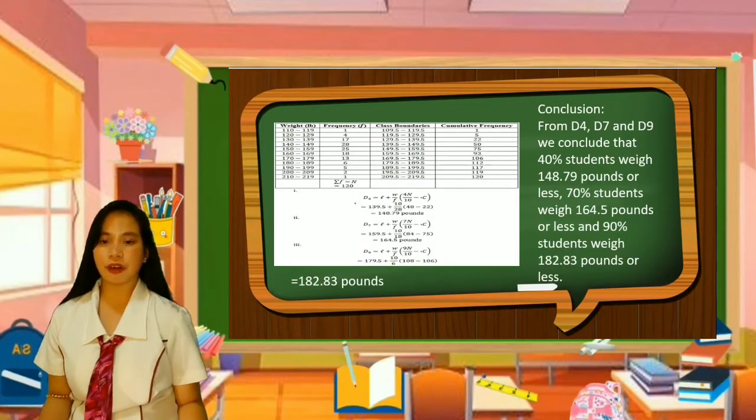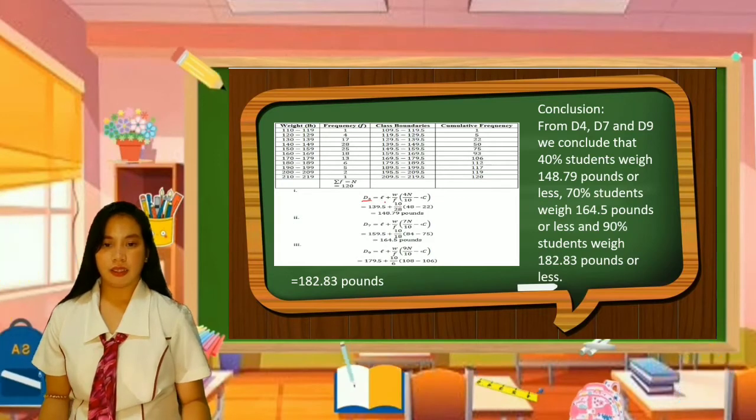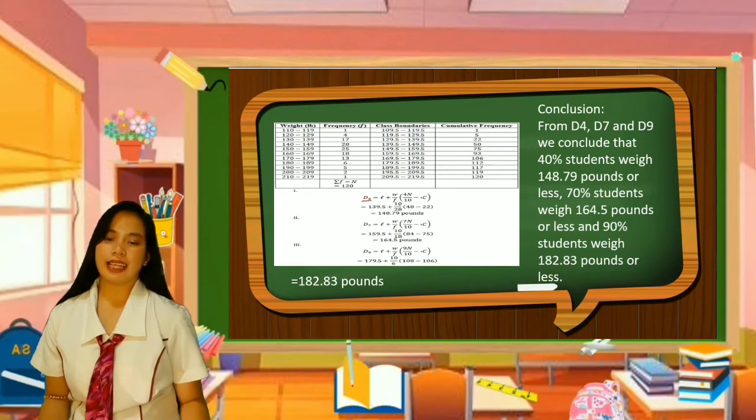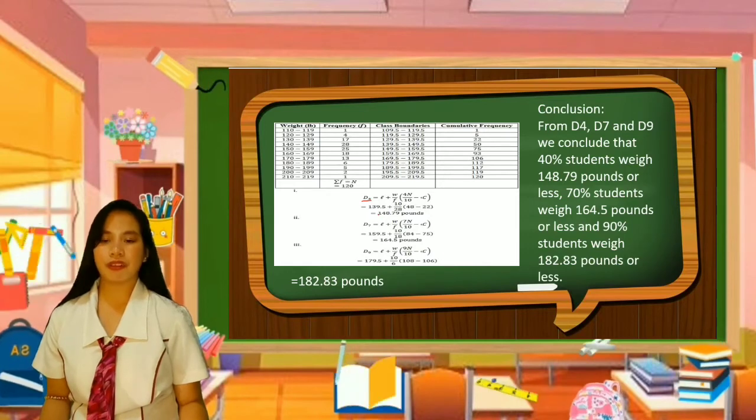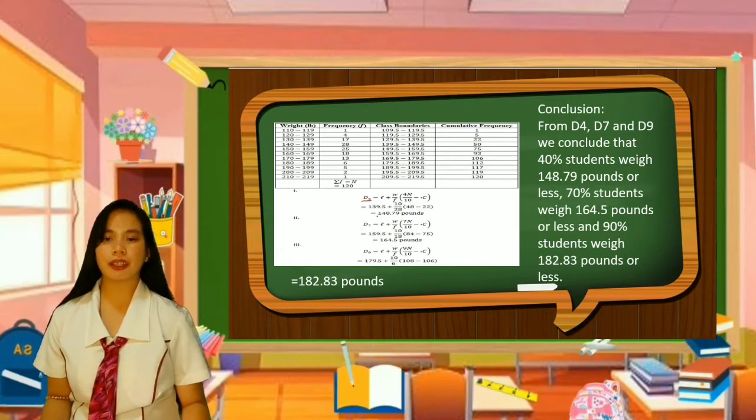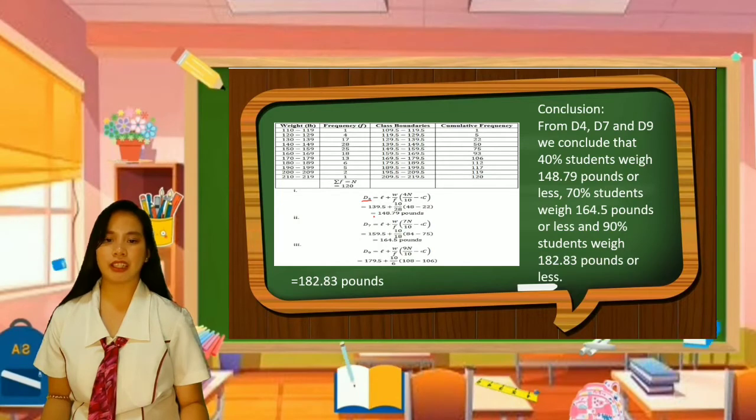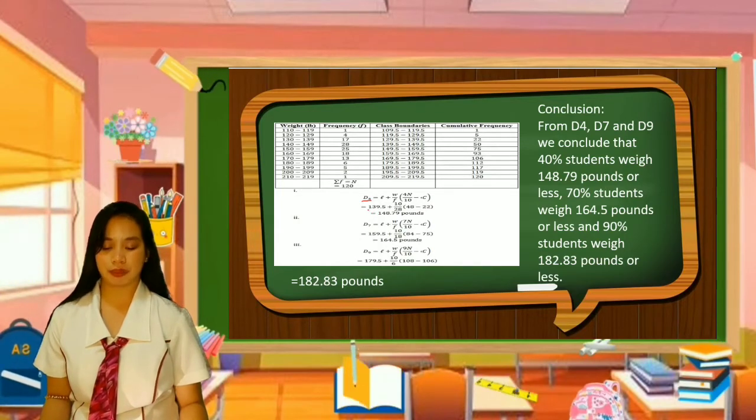First, the 4th decile. The formula for the 4th decile is the class boundary plus the class width over frequency times 4n over 10 minus the cumulative frequency.